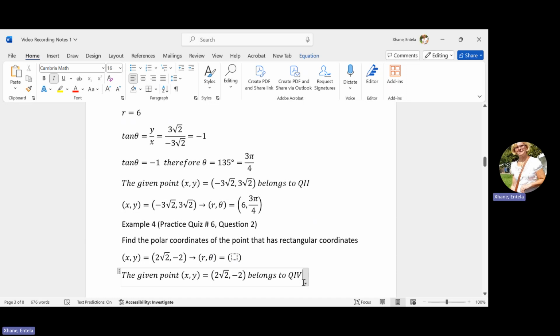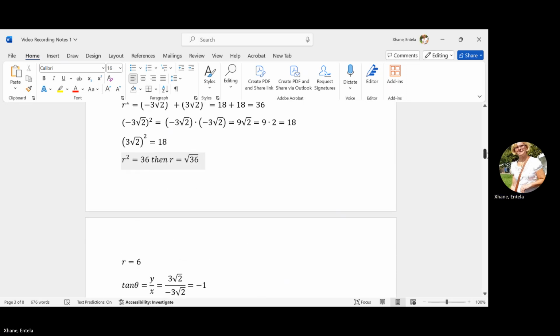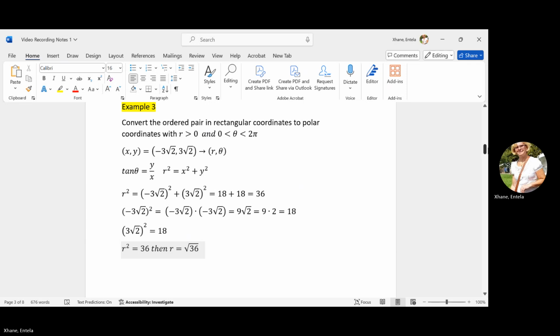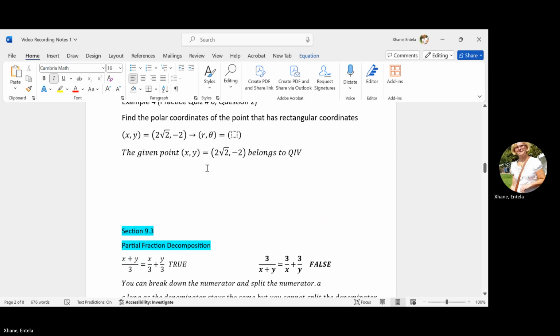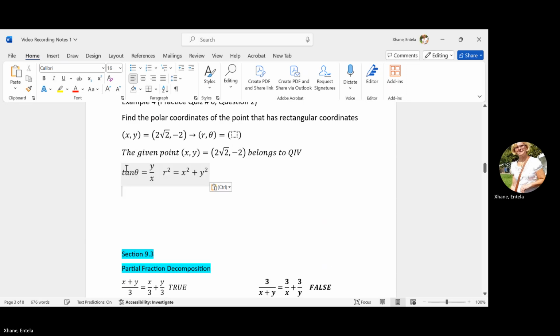So let's see what the outcome is going to be. So we start in a very similar way. These are the formulas. So let's do r first. This is 2 square root of 2.